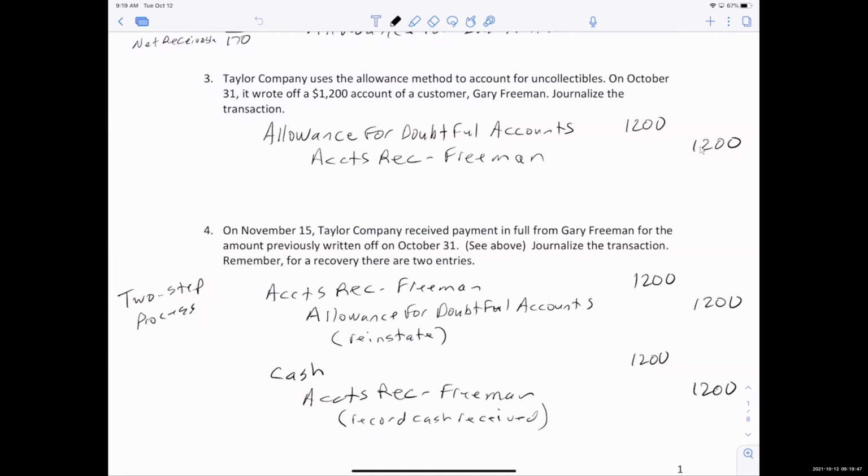So here we credited Freeman. Now we're going to debit Freeman and put his allowance for doubtful accounts in. Now, once he's there, you have accounts receivable to receive the cash against. So then you debit cash and credit the accounts receivable, and you're done. So it's a 2-step process.